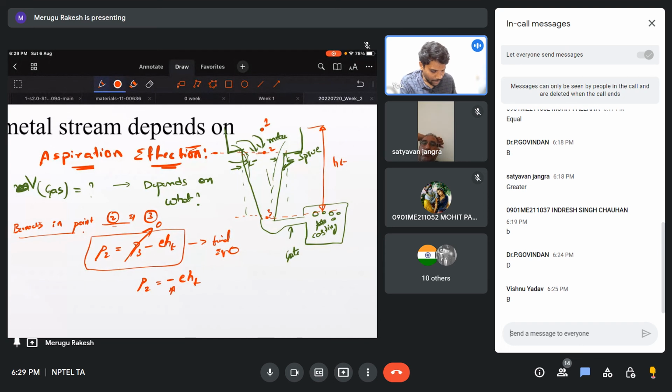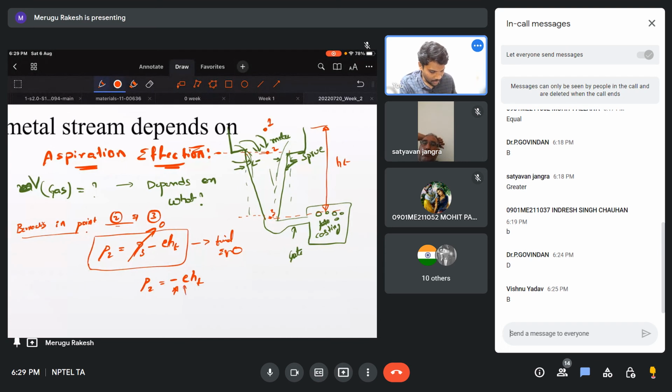So it depends upon the density of the metal as well as the height of the sprue. My main point is that the pressure at point 2 depends upon the metal density as well as the height of the sprue.